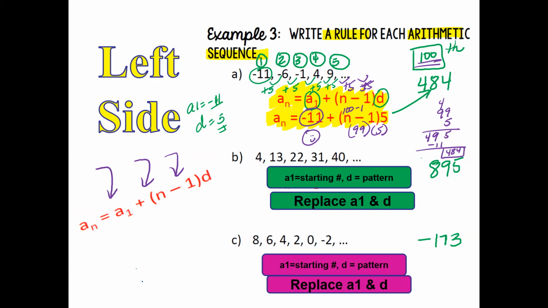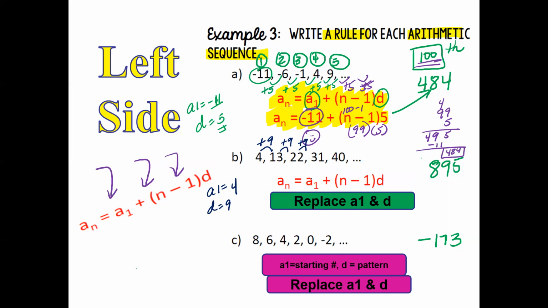All right, take a look at B. A1 is your first number, which is 4. What is your pattern? It looks like I am adding 9 to everything. So my D is 9. Now let's go ahead and replace that. A1 is 4, D is 9.